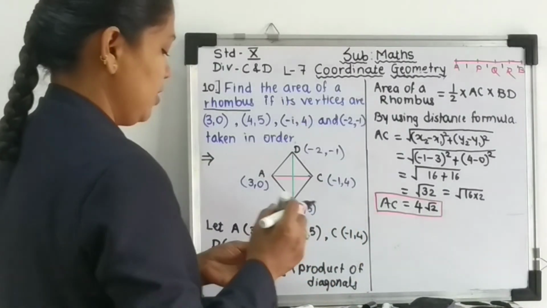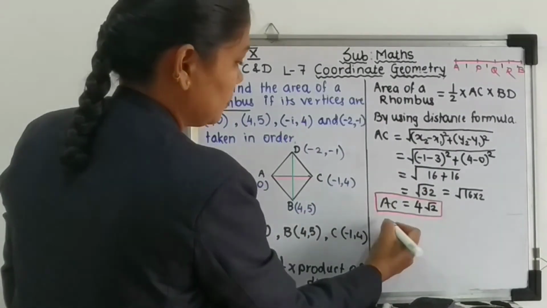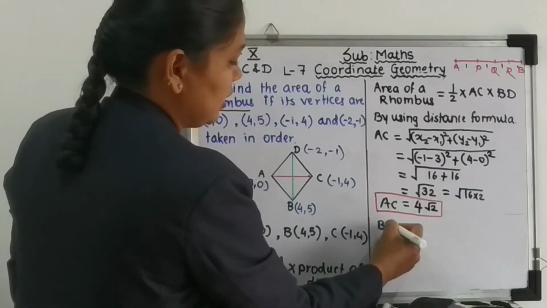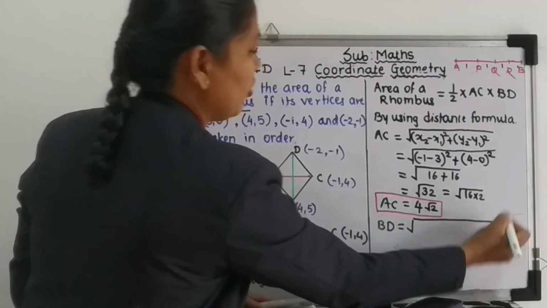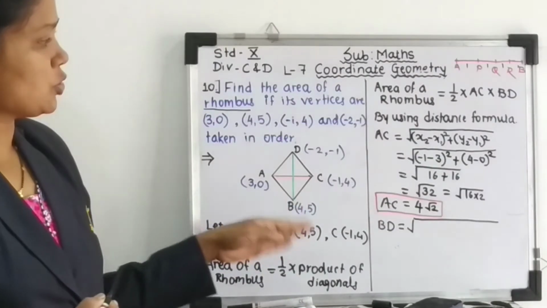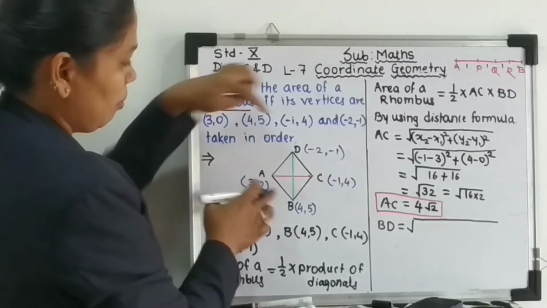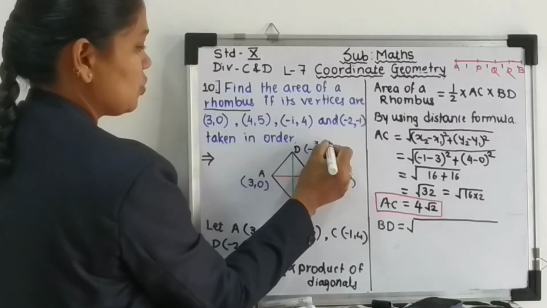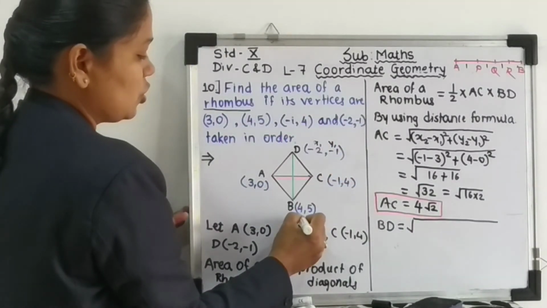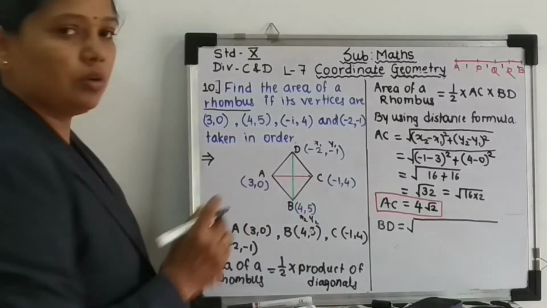Similarly, we will find out BD. In the same way, we will find under root. Now, no need to write the formula; you can substitute those values directly. For BD, I'll write here x1, y1, and this is your x2, y2, right?